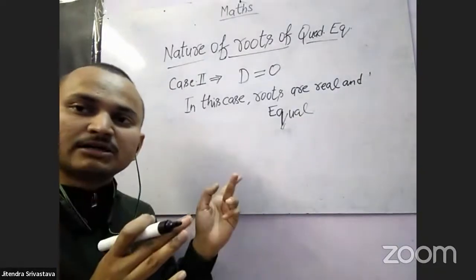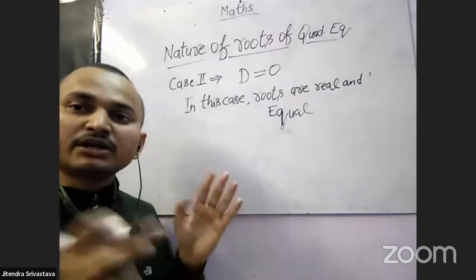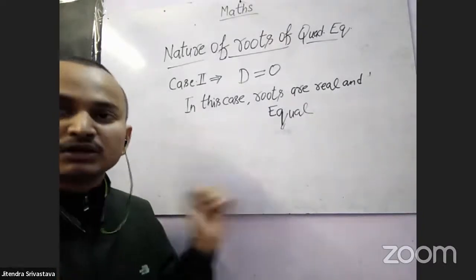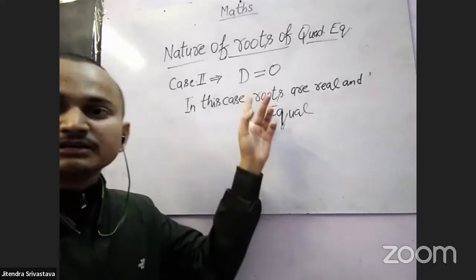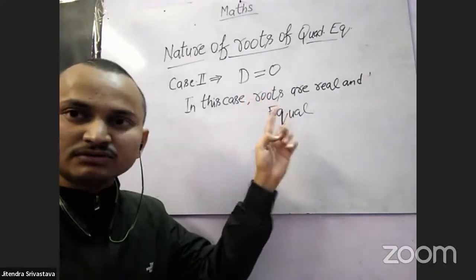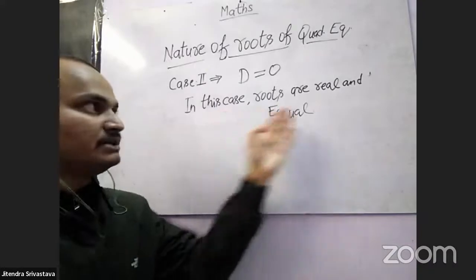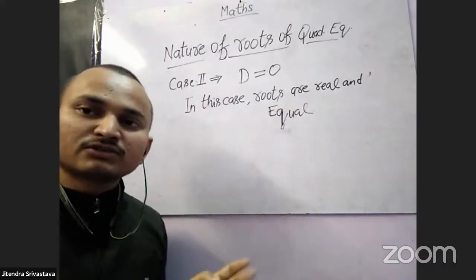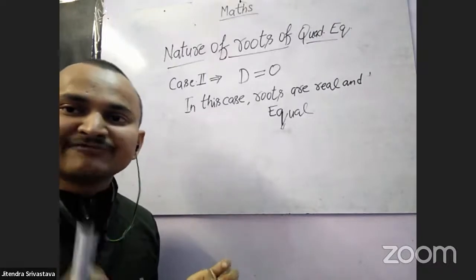In the previous case, the roots were real but not equal. But in this case, you will find the roots are real and equal also. When the value of d becomes 0, then the roots will be real and equal. And if both roots are equal, we will have to find them with the same formula only.